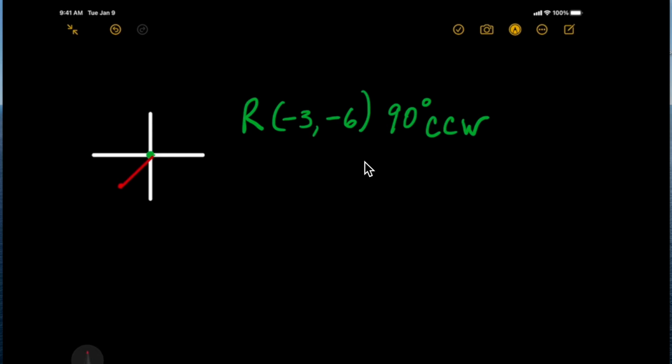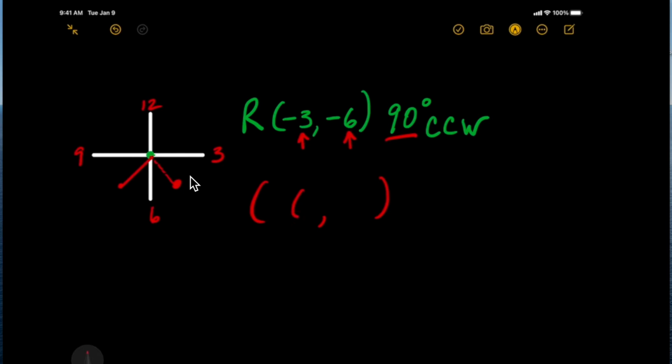Counterclockwise, if you look at the faces of a clock, which I often encourage my students to do if it helps them, would be to the right. So we're going to go 90 degrees in this direction, and we're going to end up here. Now, because it's a 90-degree rotation, we are going to switch the integers.